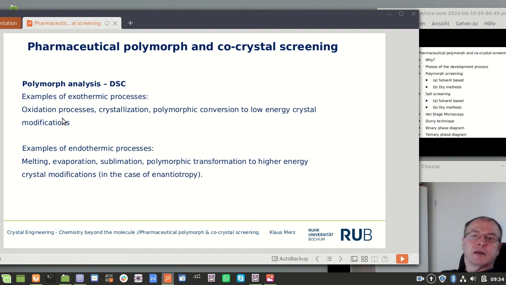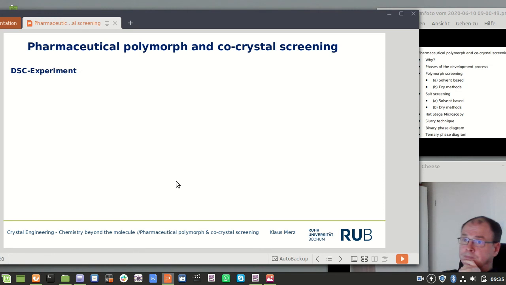Exothermic processes are, for example, oxidation processes, crystallization, polymorphic conversion to a low energy modification. And on the other side, endothermic processes are melting, sublimation, and in the other direction, polymorphic transformation to higher energy. This is interesting in anisotropic systems when we go both ways.